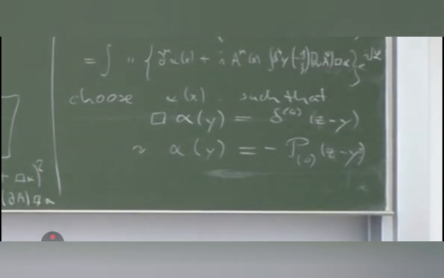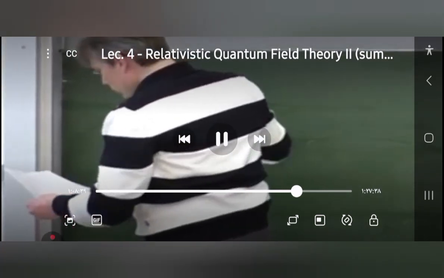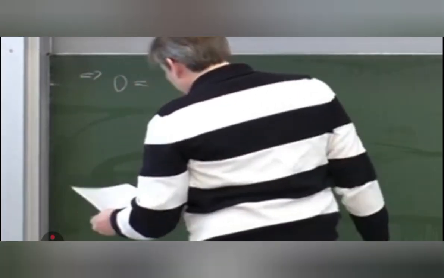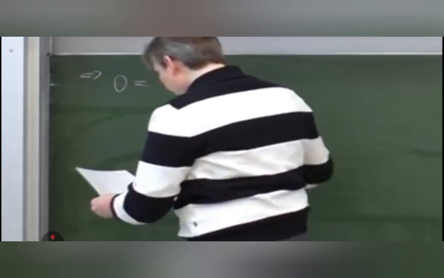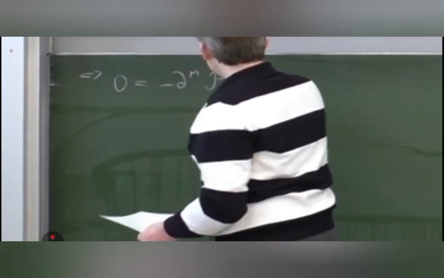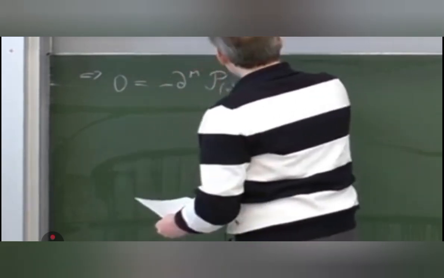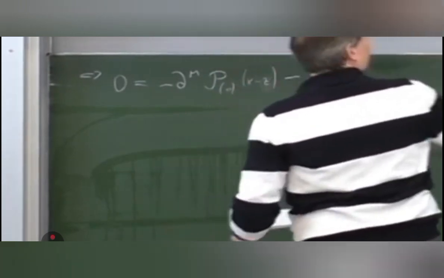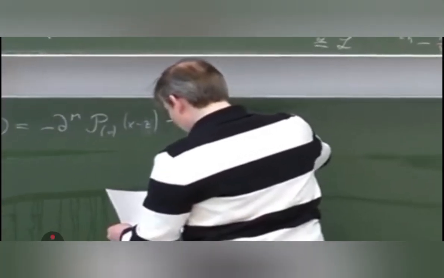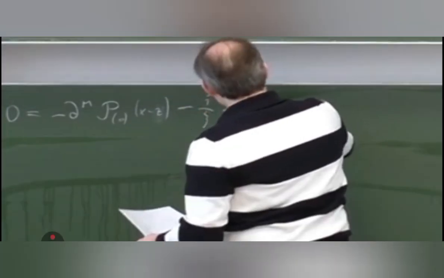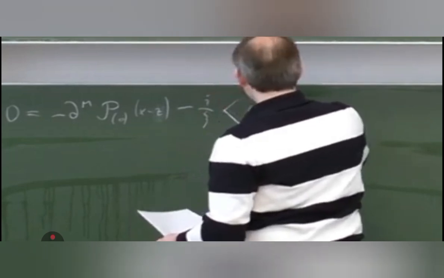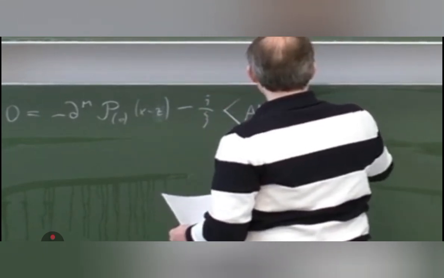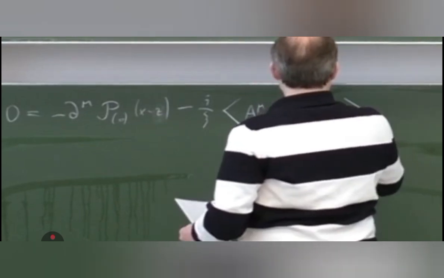We do not have to divide by anything. We can immediately look at the operator correspondence of this equation, and then we have from the first term minus derivative of the scalar field propagator at zero mass of x minus z, and the second term is minus i divided by xi times the full photon Green function A mu of x and d nu A nu of z.